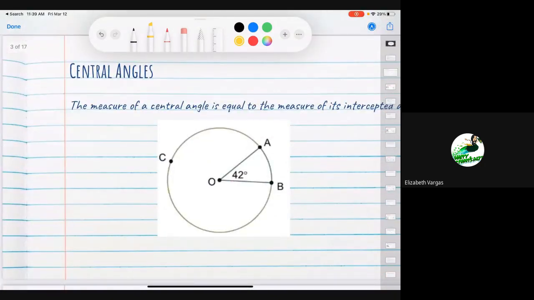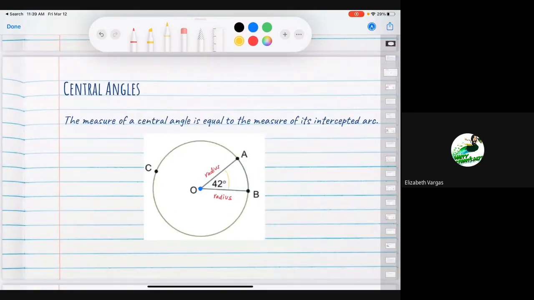So just a general reminder of what we learned about central angles. Let us remember that central angles are those angles which have their vertex at the center of the circle, and its sides are created by the different radii. Remember that central angle. What we learned is that the measure of a central angle is equal to the measure of the inscribed arc.